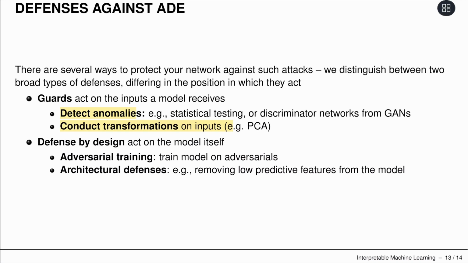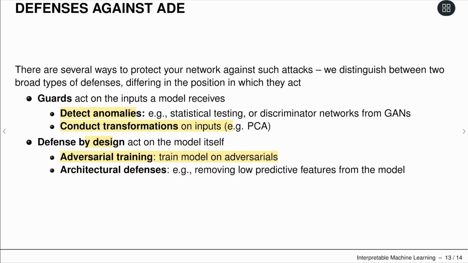You can also try to defend by design. That means you're changing how you're training your model. So you have adversarial training, so in a way that GANs and so on try then to avoid that there is an adversarial attack, for example. So you're minimizing the risk simply that someone finds something.